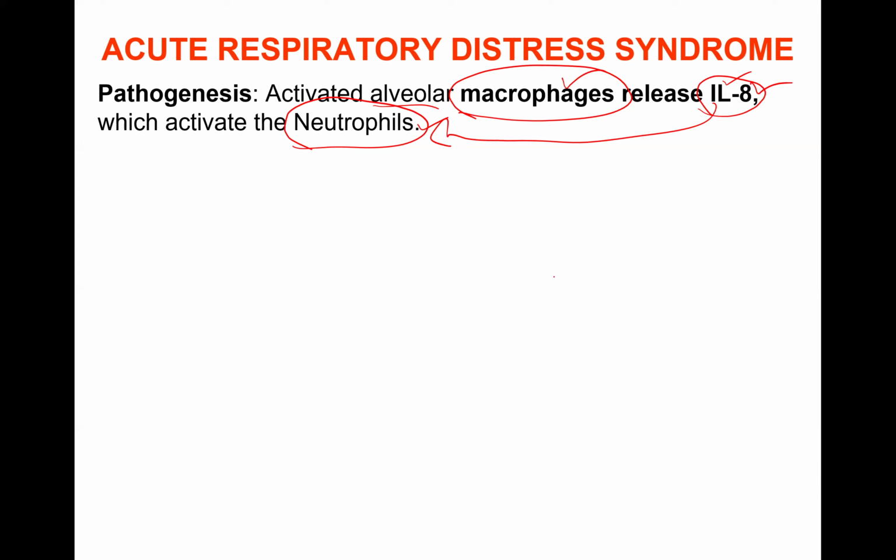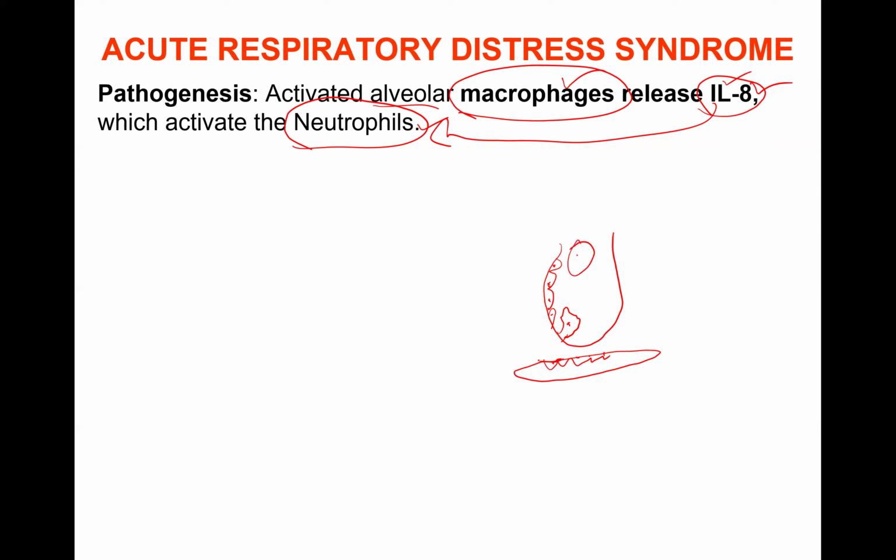So let's draw a picture here. This is an alveolus, with type 1 cells for gaseous exchange and type 2 cells for surfactant production, the alveolar cells, right? And this is the capillary with endothelial cells.